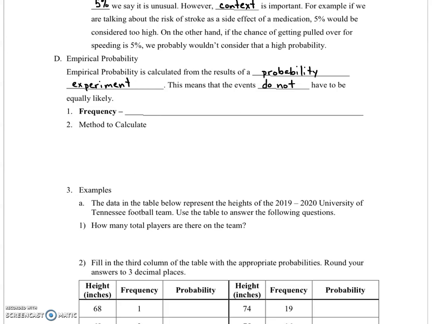There are a couple other definitions we need to talk about here. One is the frequency. Frequency is the number of times a particular outcome is observed.